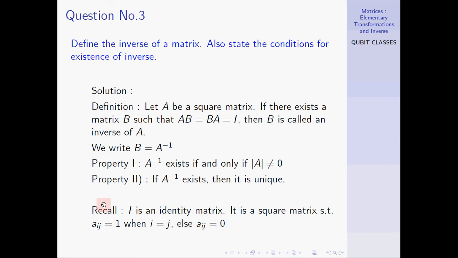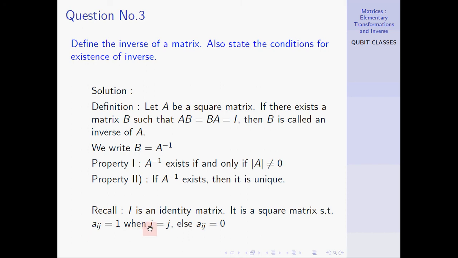Okay, so we already explained this. I is an identity matrix. It is a square matrix such that Aij is equal to 1. Aij means the element of the matrix which is present in the ith row and jth column.